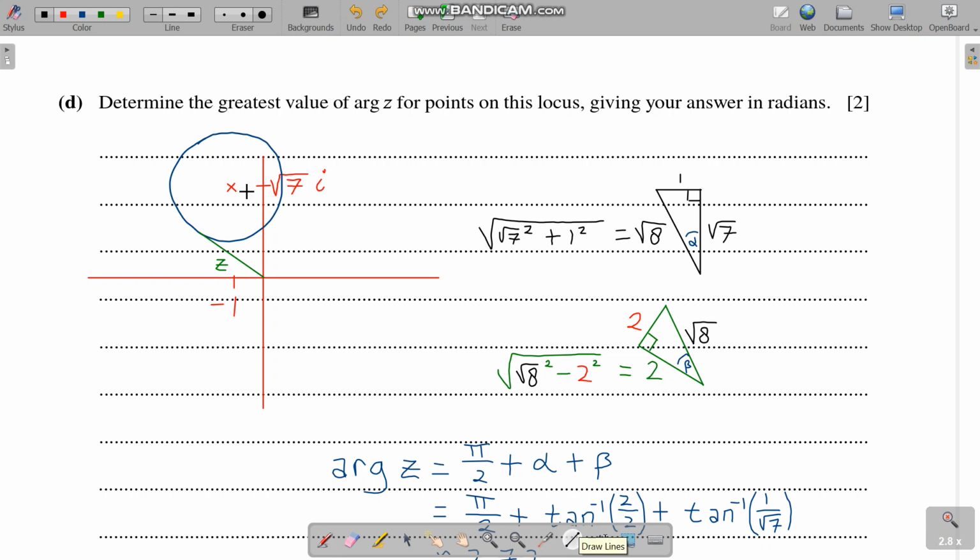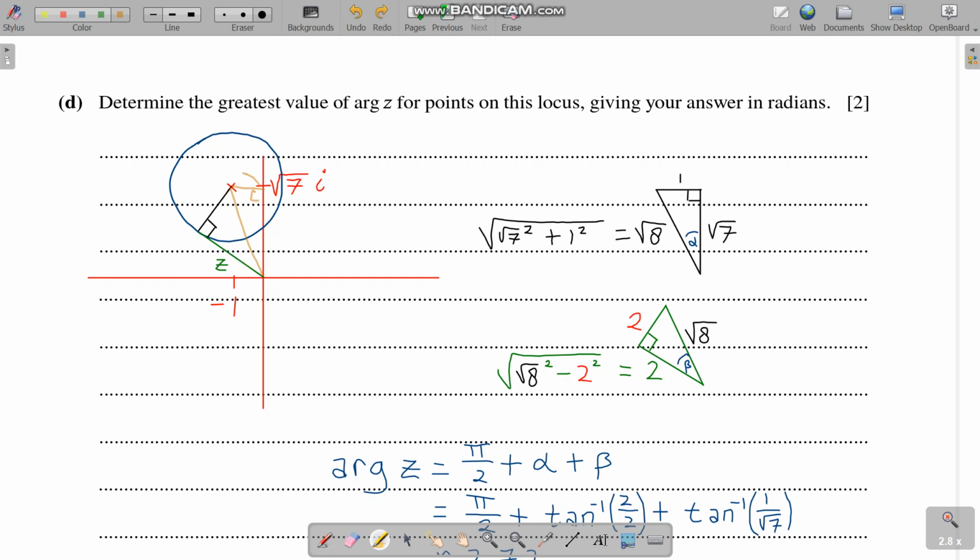Tangent means if we draw the radius here at the point of contact, it's got to be perpendicular. So to find the arg z, we need to find either this angle or maybe this angle, and then of course we still have to add 90 degrees or pi over 2. To find this angle, we can split it like this and look at this triangle first.